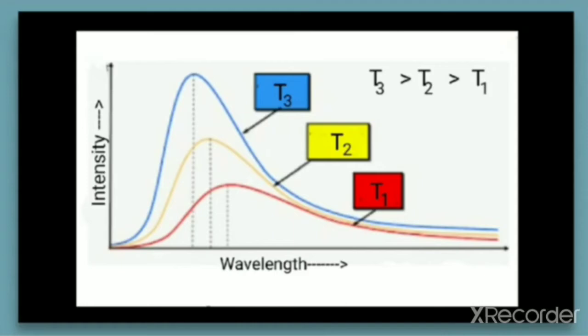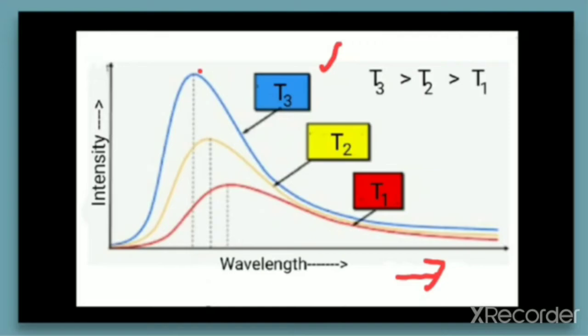When you look at the picture, a curve is given, intensity versus wavelength. In this, at temperature T3, the curve reaches a maximum intensity, and then finally it decreases with the wavelength.